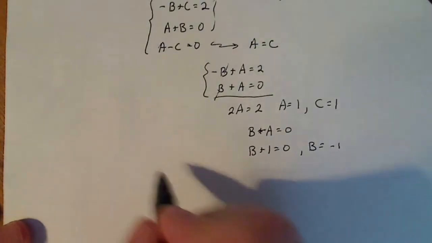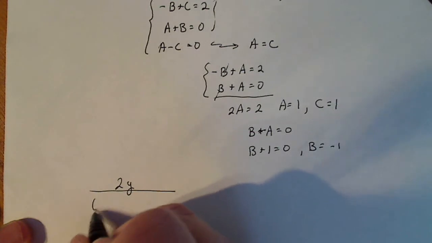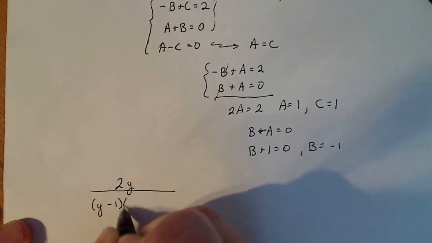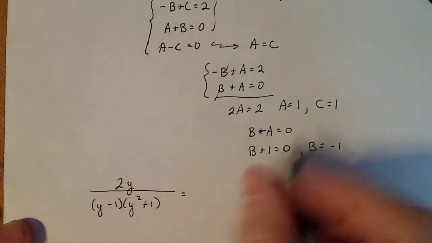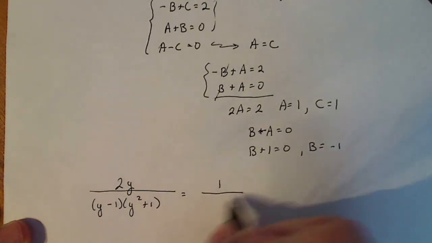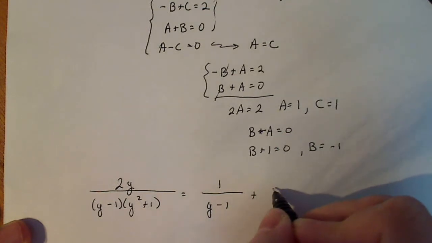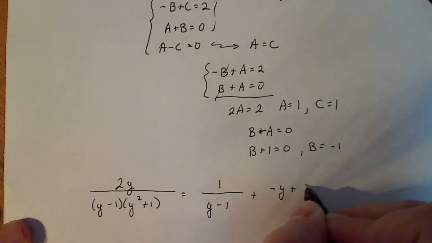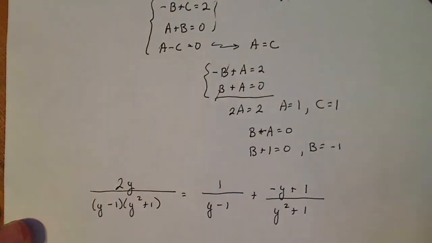So then our final formula in the end turns out to be 2y divided by y minus 1, y squared plus 1 is equal to, A is 1, so 1 over y minus 1 plus negative y plus 1 over y squared plus 1.